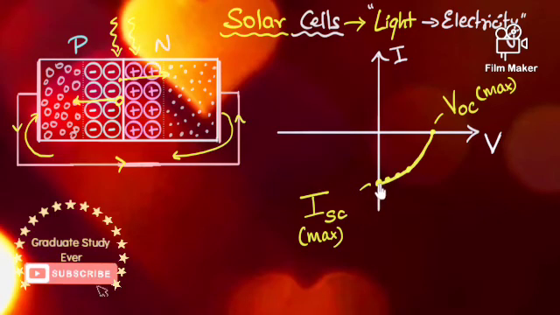Okay, what if I want to go beyond this point? What if I want to go towards the left? How do I do that? I need to somehow put a negative voltage. There's no way I can get a negative voltage on a solar cell. So a solar cell can't do that. But what if I attach a battery and reverse bias it? Then I will get a negative voltage, right?